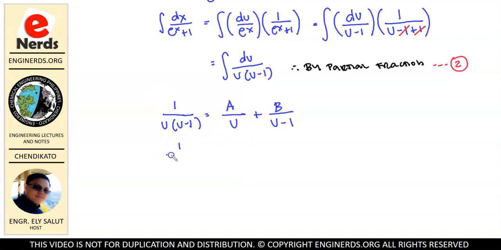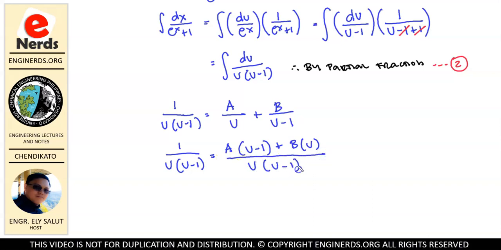We have 1 over u times u minus 1 is equal to a times u minus 1 plus b times u, and then our denominator will be u times u minus 1, and that can be cancelled out, ba?